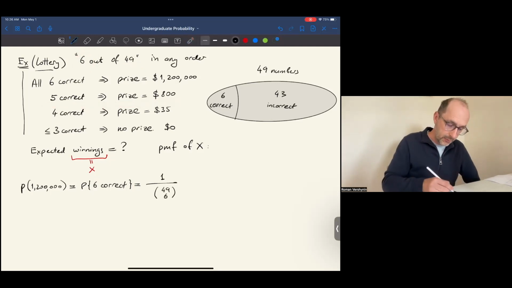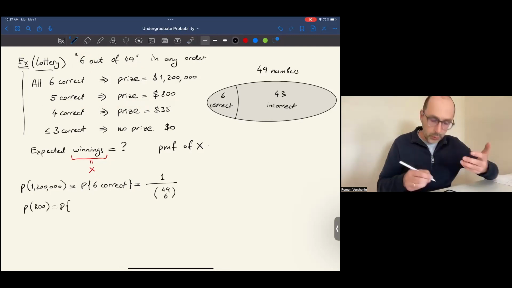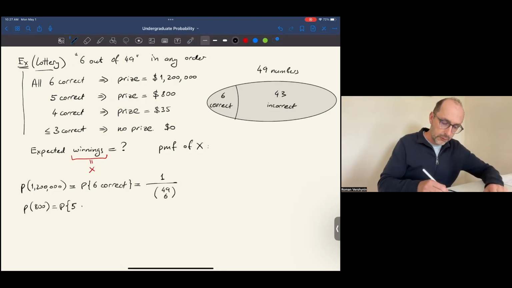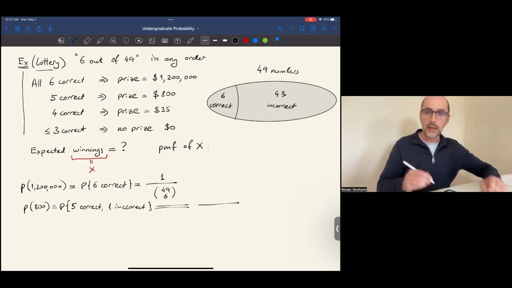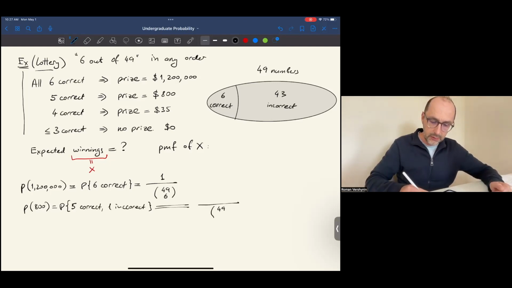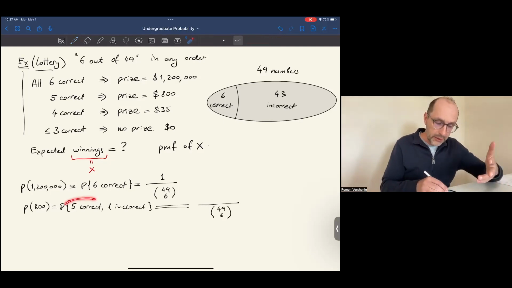Next, let's compute the probability that X takes value 800, which is the probability to choose 5 correct and 1 incorrect number. Again, it is a ratio. On the bottom, there are all the ways to play this lottery. And on the top, there are all the winning ways. The ways to choose 5 numbers correctly and 1 incorrectly.